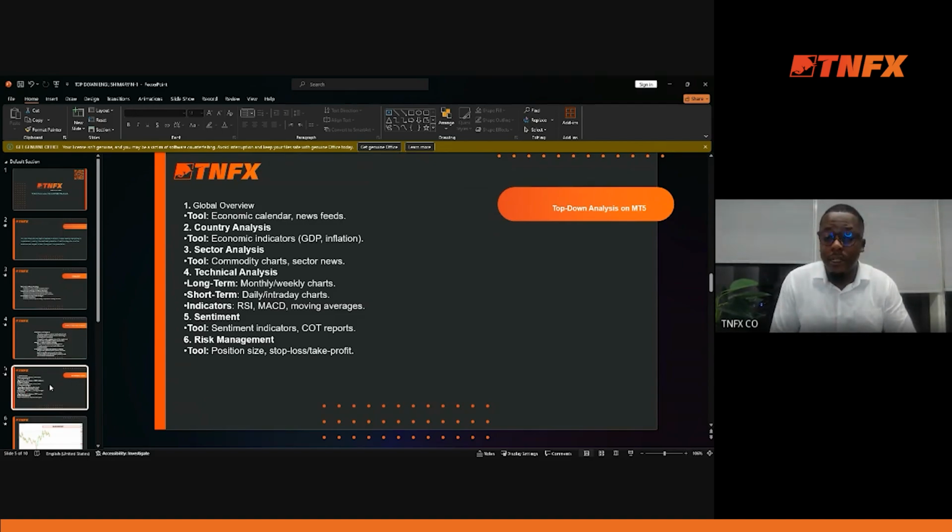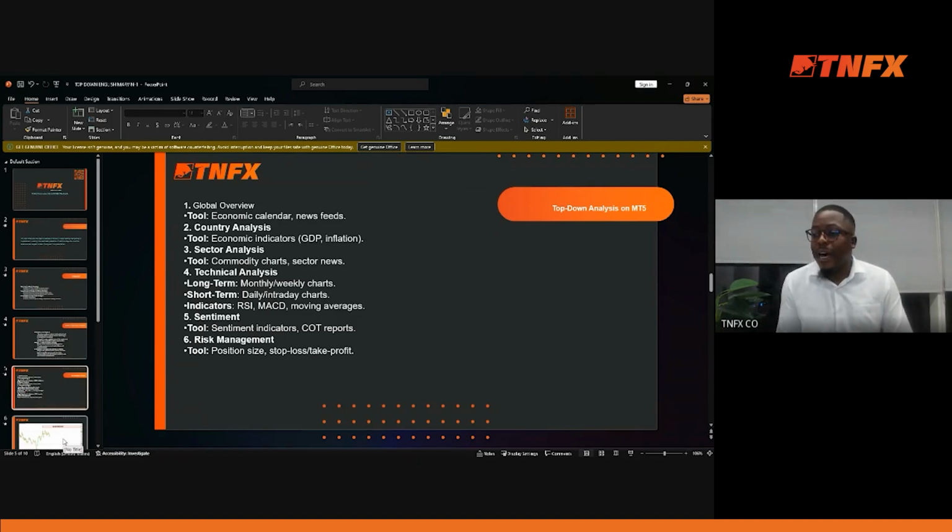Why is the trend of the market important? The trend of the market is important because that's where you then understand where the direction of the market is going. So if you know the direction of the market, it's easy for you to know if you're going long or going short, or in other terms, going bullish or going bearish. This is very important to understand.